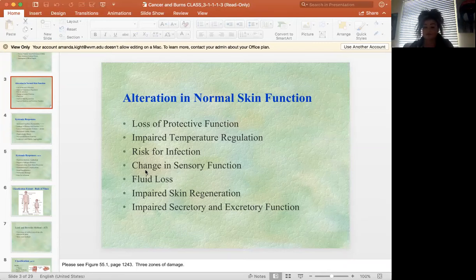So right here it says fluid loss. Okay, why do we have fluid loss? So when you have cells that are damaged, and as I have mentioned, thinking more toward the 3rd and 4th degree burns, our body wants to do what? Homeostasis. It wants to fix it. It's like if you cut yourself, and what happens? It gets red and inflamed.